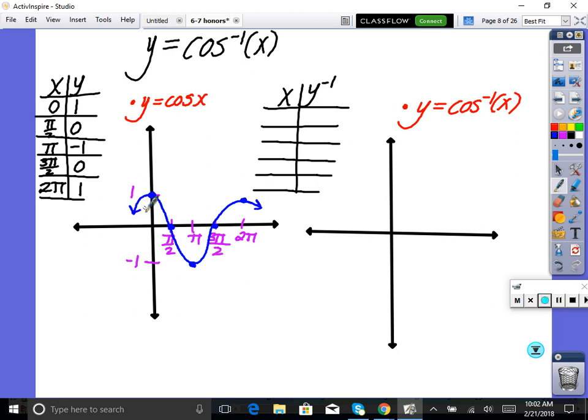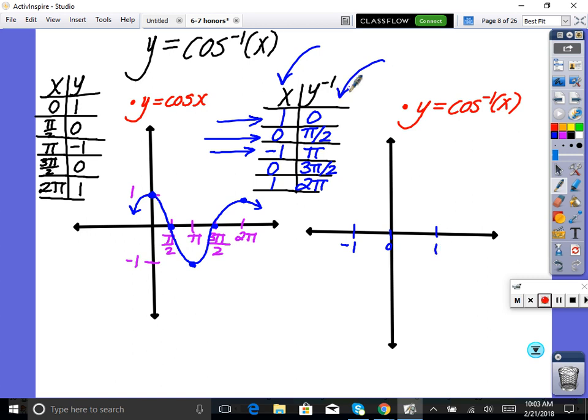So to graph cosine inverse, I'd switch x and y. Okay, I'm going to start plotting. So notice, once again, my x values for cosine inverse are between 1, 0, and -1. So I'm going to go -1, 0, 1. And then my outputs are, once again, looks like 0 up to 2 pi. So 0, pi halves.